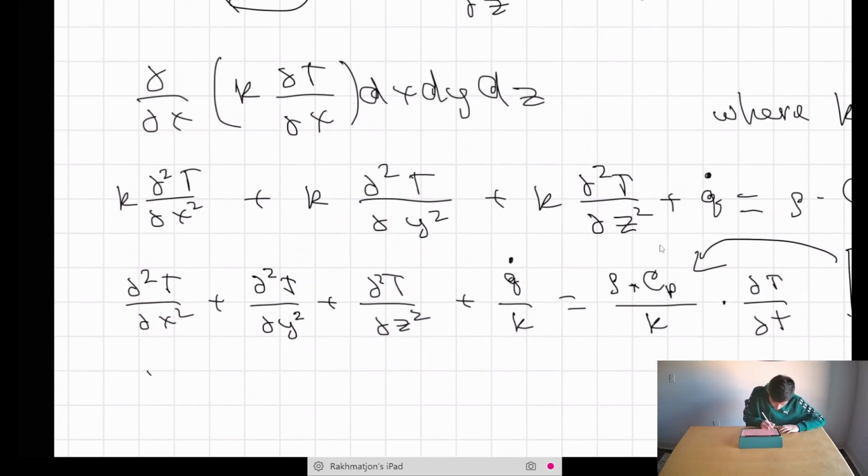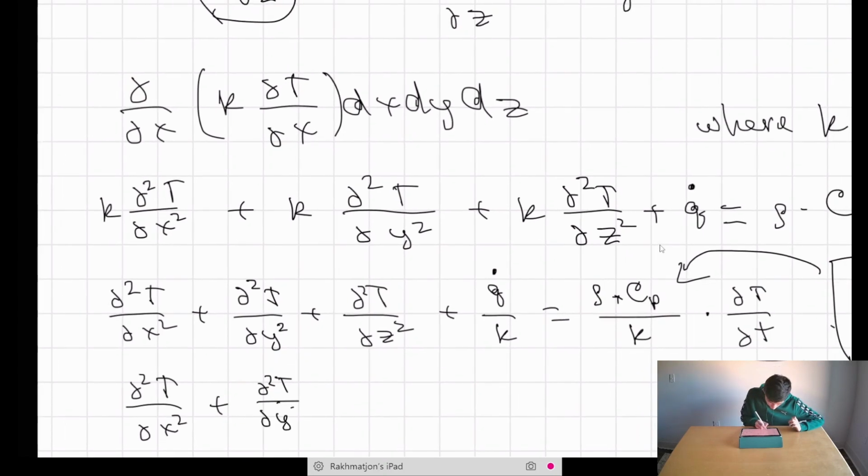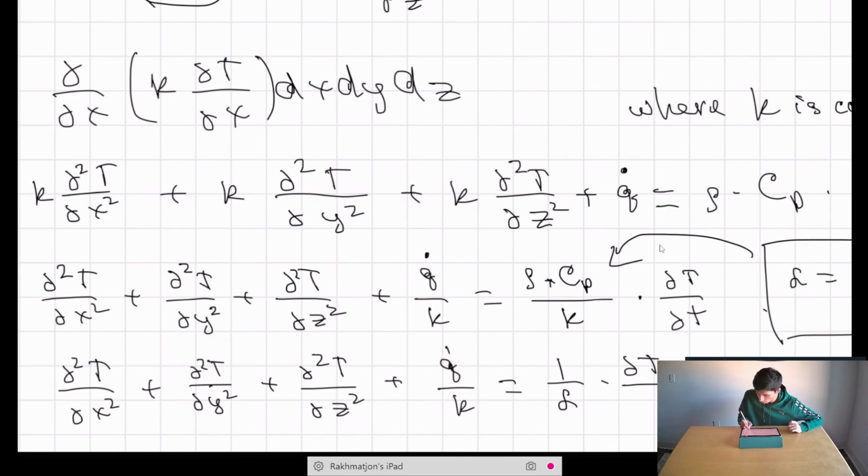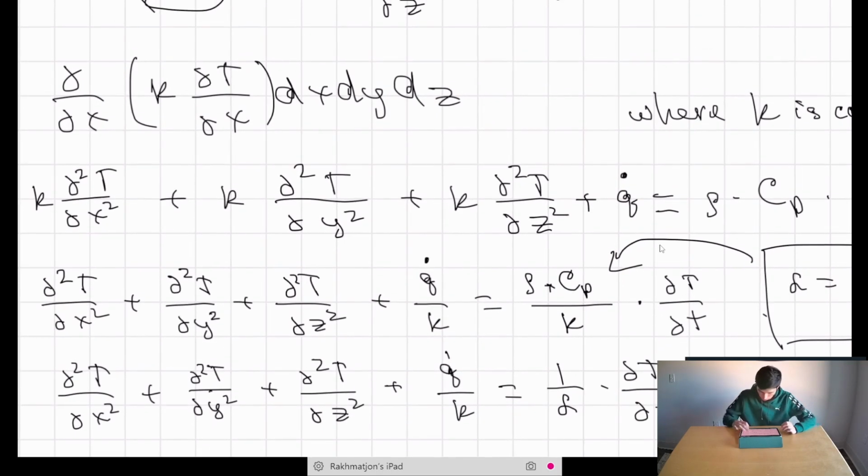So the heat diffusion equation we're going to have at the end is the second derivative of temperature with respect to each direction, plus the heat generation over k, equals 1 over alpha times the derivative of temperature with respect to time.